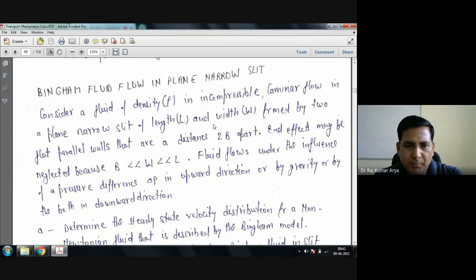So mostly, not all, but mostly paste type of things come in that category, where viscosity doesn't vary actually, and the deformation is directly proportional to the applied shear stress. So that happens mainly in the case of your toothpaste, something, right?